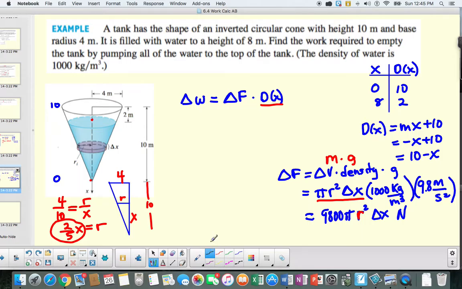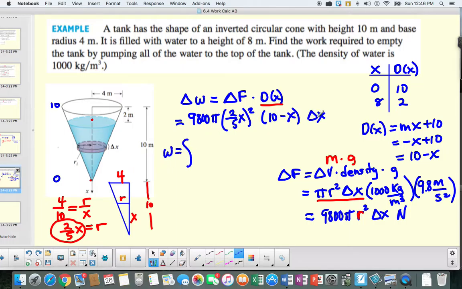Now I have a way to write my force. That's 9,800 pi, and then I'm going to replace my r with 2/5 x quantity squared, and I'm going to move this delta x out over to here, and I'm going to put in the distance formula that I just figured out, 10 minus x, right here. So here's an expression for my work. To get the total work, I'm going to integrate.